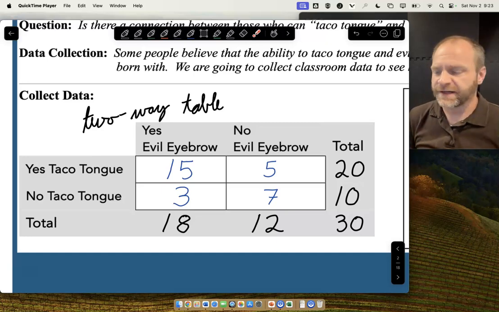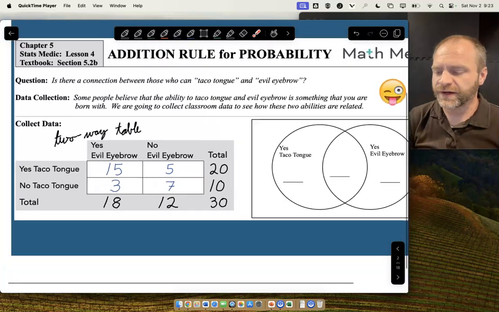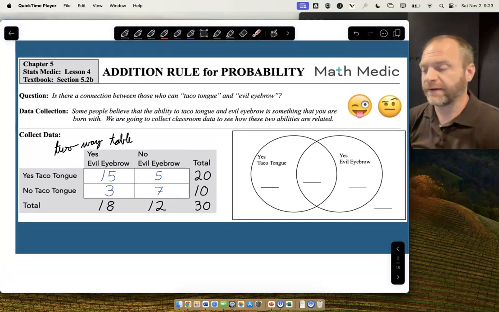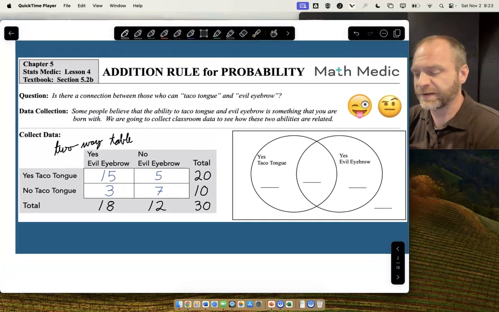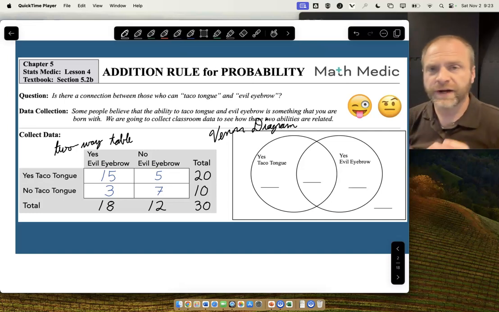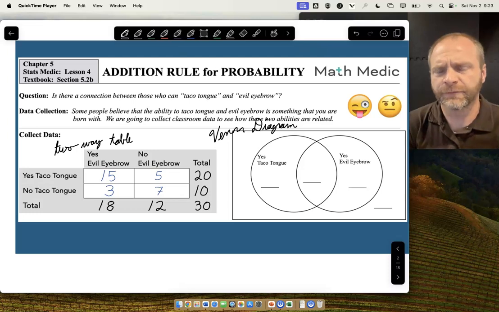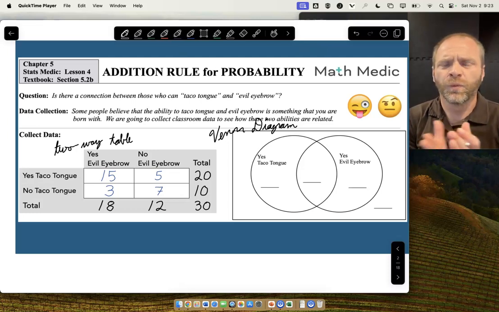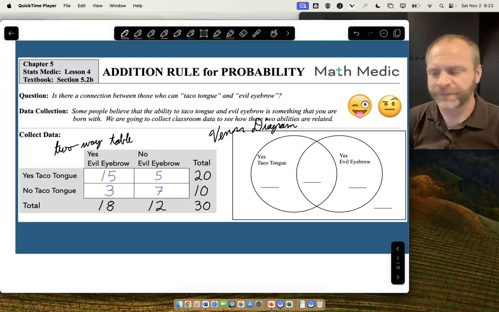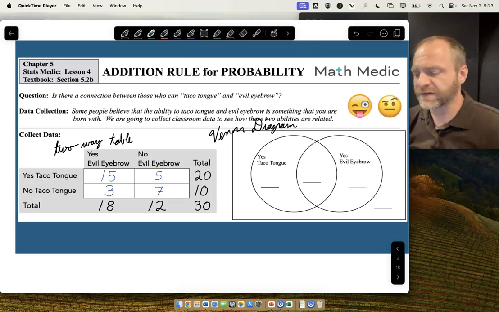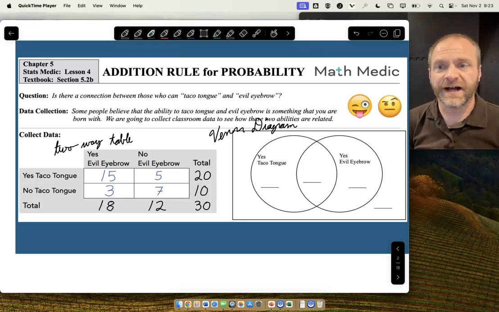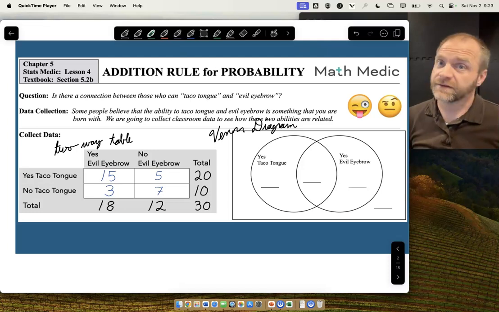We have all of this data, and what we are going to do is transfer it over to a Venn diagram. That is what this is over here. When you transfer it, it's really important to understand where the starting point is. The starting point that we're going to focus on is who can do both, because they're talented.